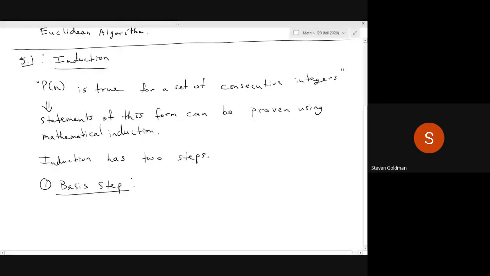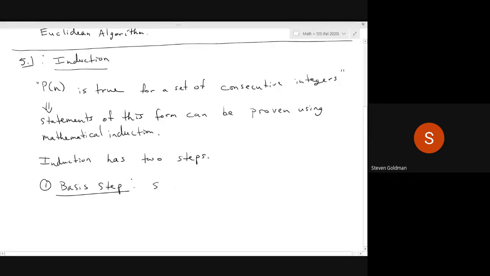So in the basis step, what do you have to do? You have to show that the propositional function P of n is true in the first case, meaning for the smallest possible value of n.